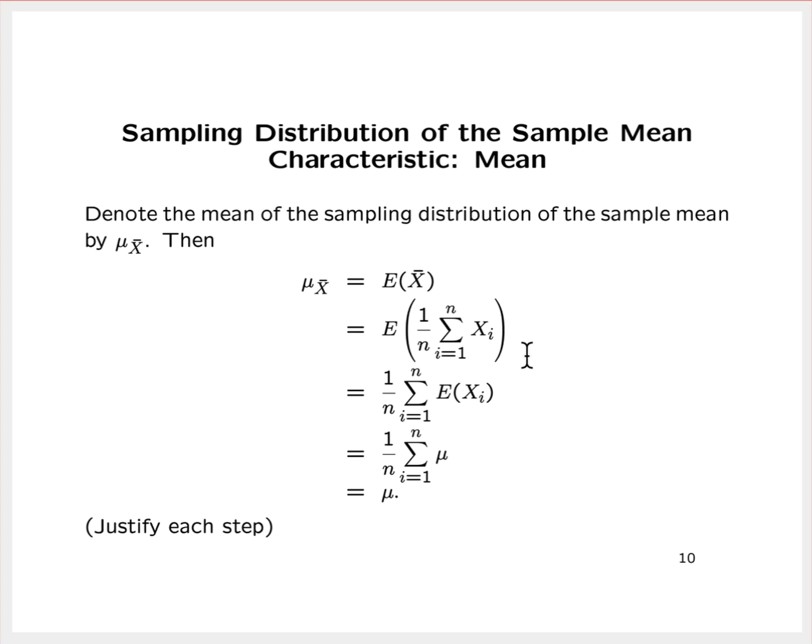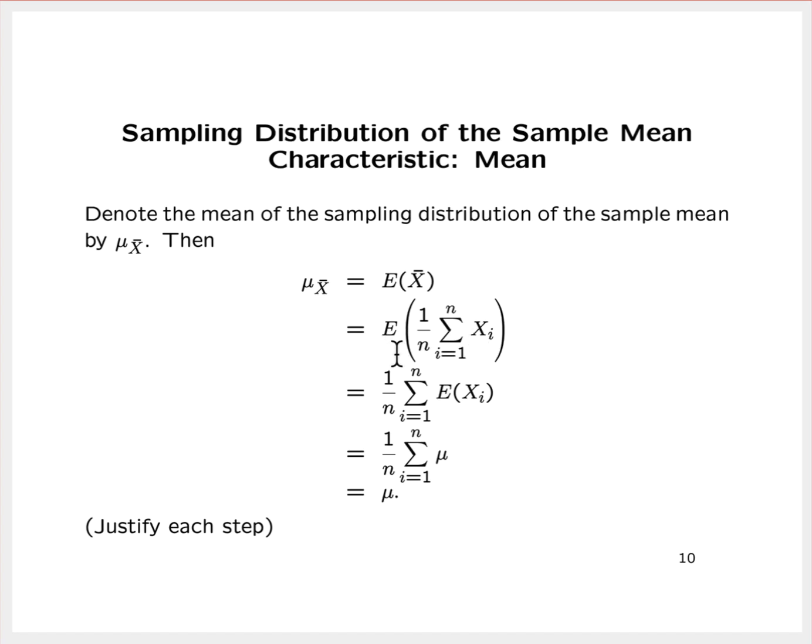Now I'm going to use properties of the expectation operator, in particular the linearity property. I can pull the 1 over n outside of the expectation, then I have the expected value of the sum of the random variables.